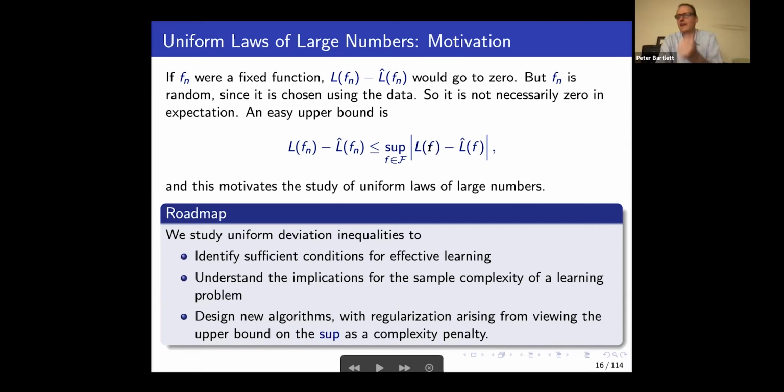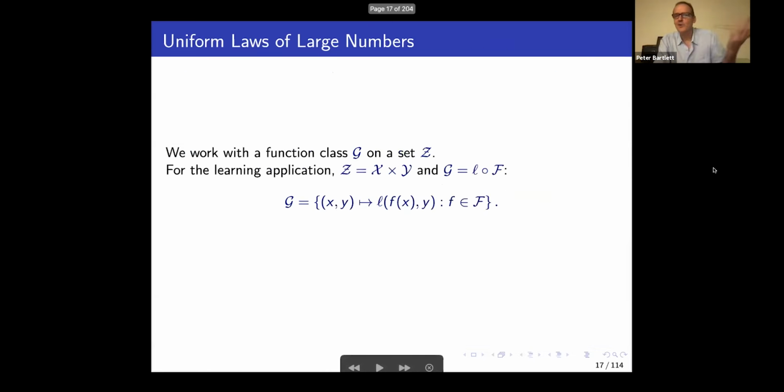So it's the loss of f of x when the outcome is y. And this L hat is the sample average of the loss incurred by the function f on the sample, the xy pairs. Okay, so we're going to talk about function classes over a more abstract space. We'll write our function classes G on a set Z. For our learning application, that set Z is the product space, right?